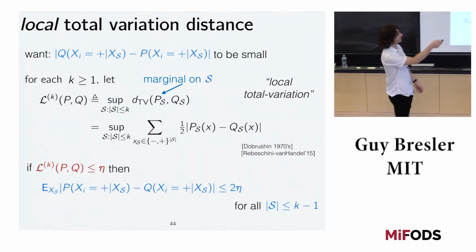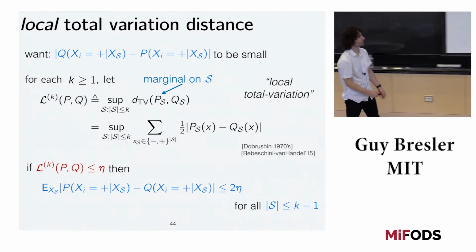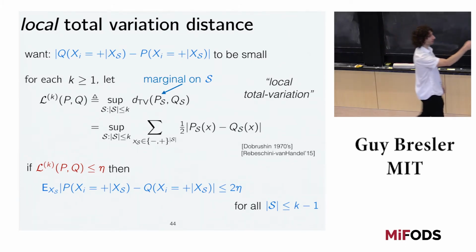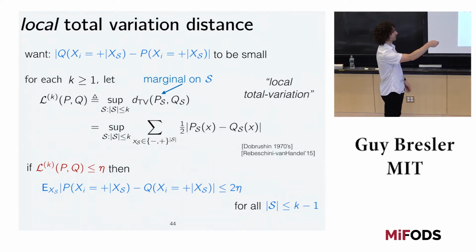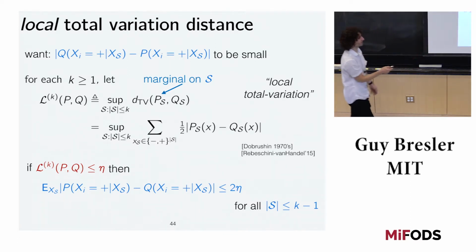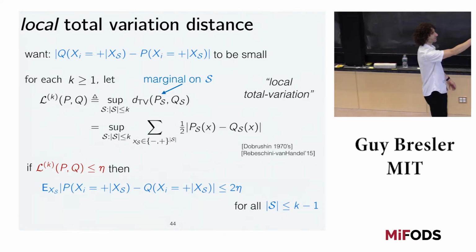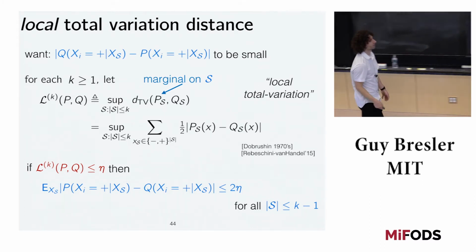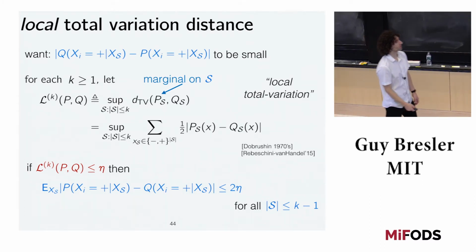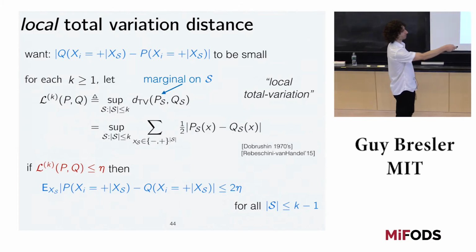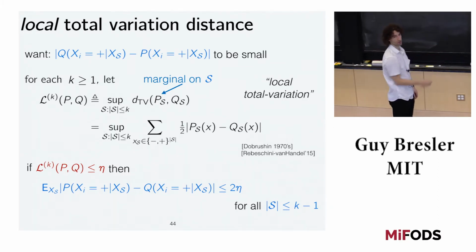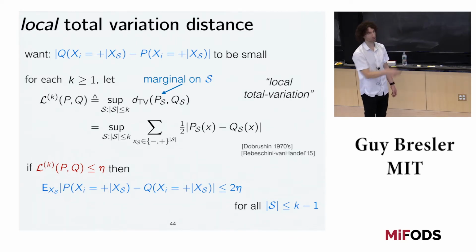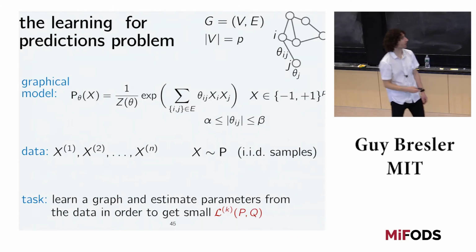You can convince yourself that it's still a metric, just like normal total variation. You can also get immediately from Bayes' rule, or even better, the definition of conditional probability, that if this is small, then at least in expectation, the posterior probabilities of interest for small conditioning sets are also accurate. So this local total variation is actually the right thing to be looking at.